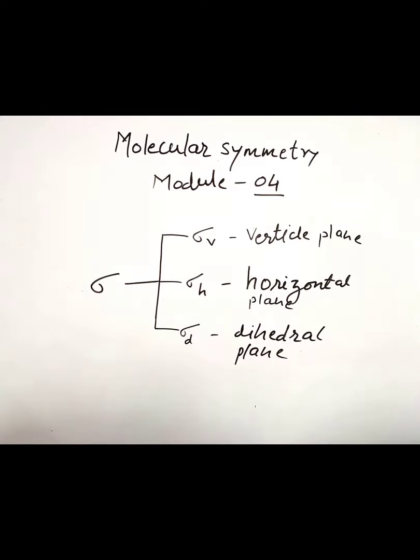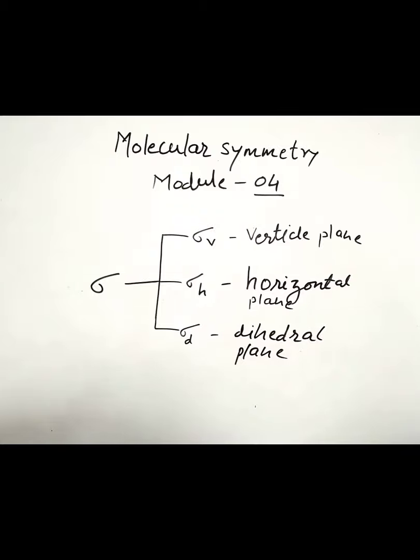So what do you mean by a plane? If a molecule possesses such a plane which can divide the molecule into 2 equal halves which are the exact mirror images of each other, then that molecule is said to possess a mirror plane.